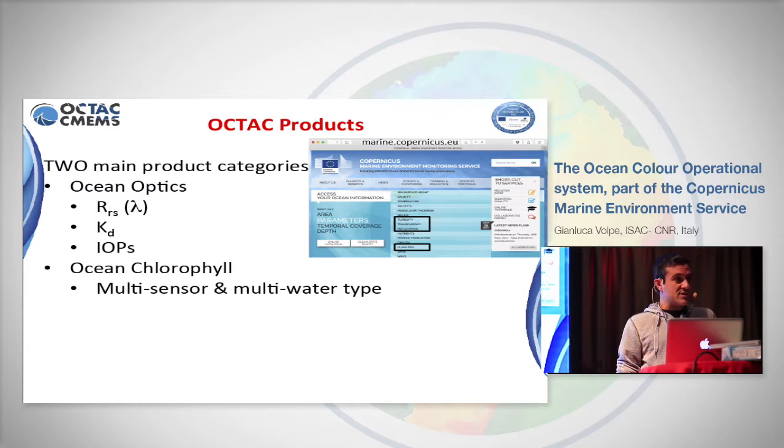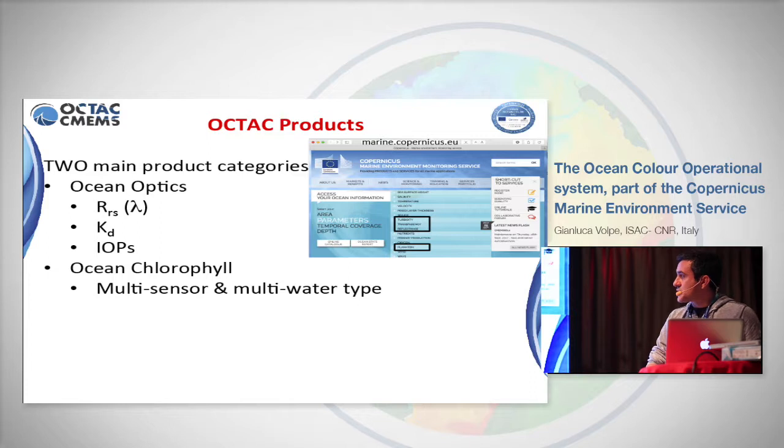2 main product areas are available from the CMEMS website, which are the Ocean Optics, which is the remote sensing reflectance. You have heard about it from Pierre-Yves this morning. The KD, the attenuation coefficient, and the IOPs, the inherent optical properties. We'll talk about this later. And you can find them under the turbidity, transparency, and reflectance tags from the CMEMS website.